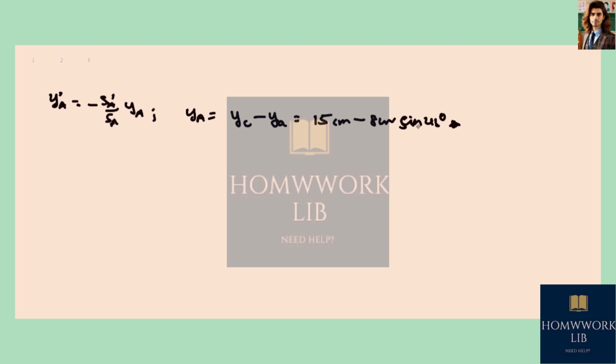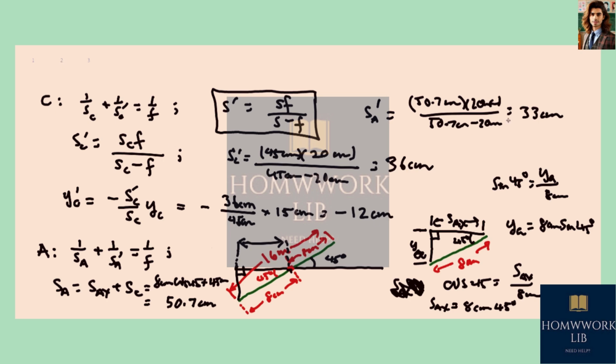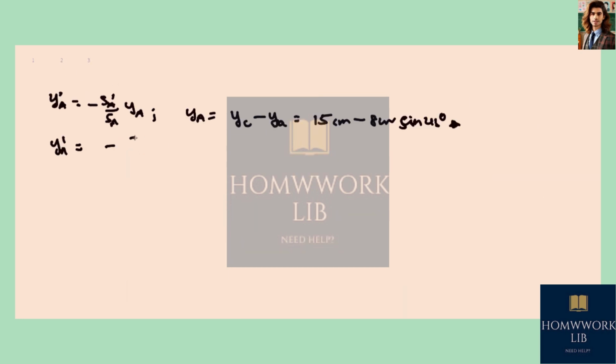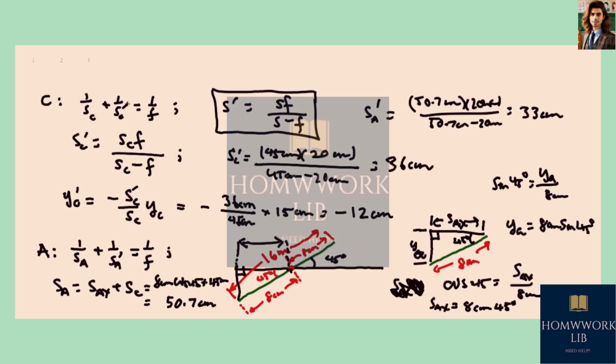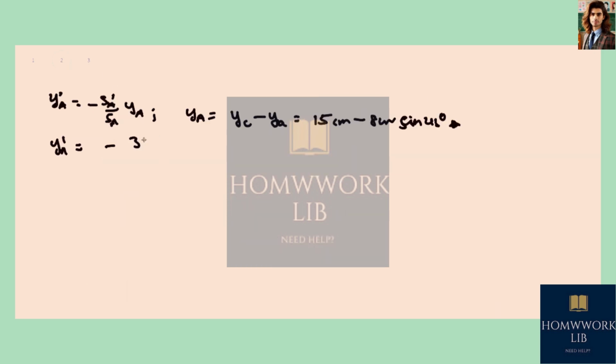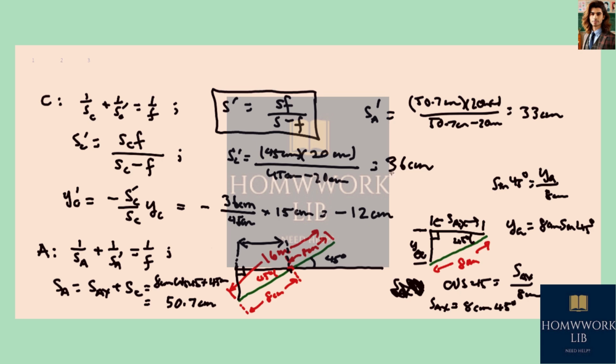You can compute this easily, but I could just lump it all into the final stage where I compute YA prime. So YA prime is minus SA prime, which is 33 centimeters, divided by SA, which I have somewhere, 50.7.